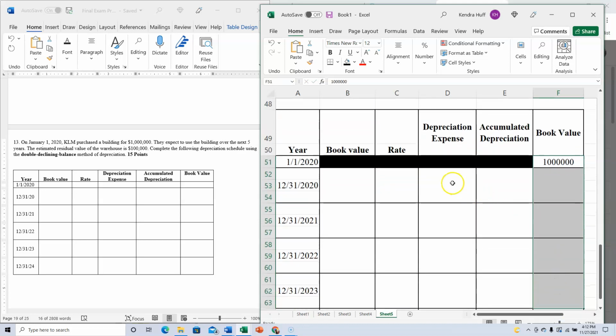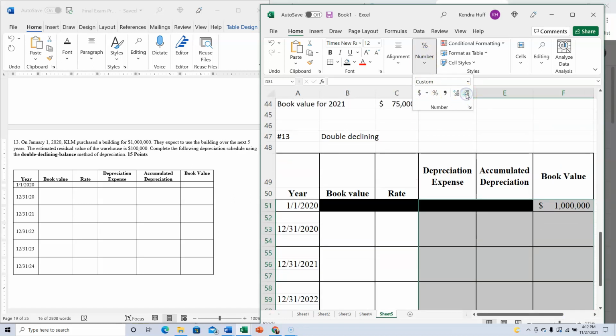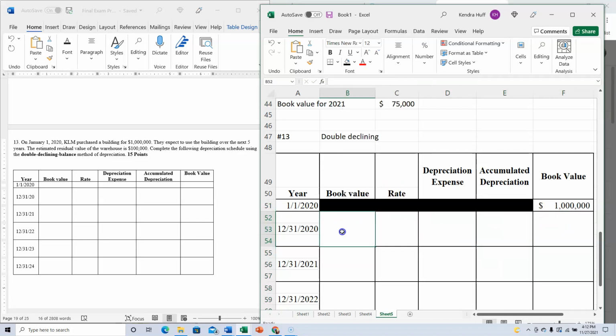Let me make them dollars. Then this book value just comes over to here. It just comes down.